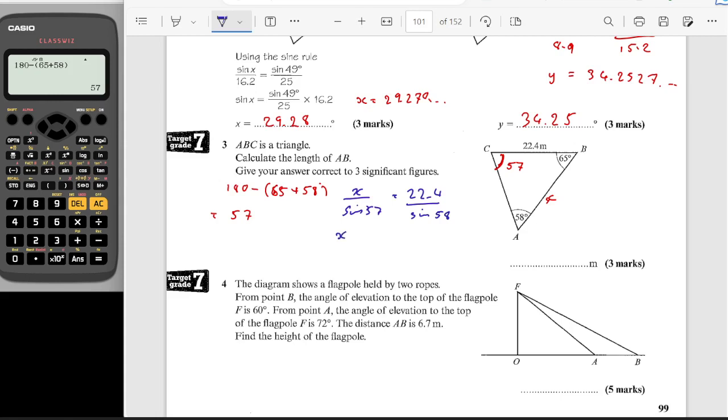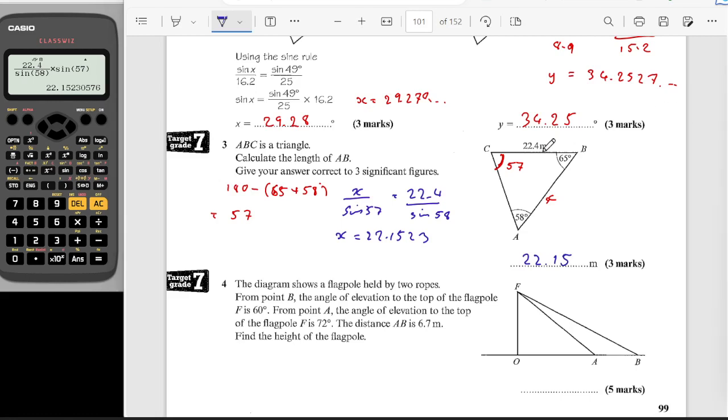So x is going to be equal to 22.4 over sine 58, and I want to multiply that by sine of 57. Again, just double check my numbers before I press equals. 57 is this angle here. Yep, and yep. So I'm looking at 22.1523. So I'm going to go 22.15.